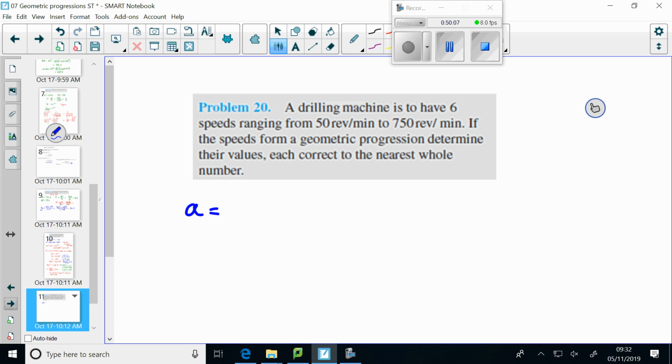A is 50. Come on, boys, concentration, please. What other information? What is 750?